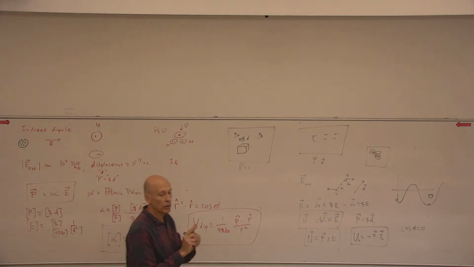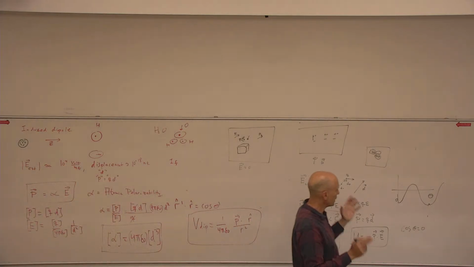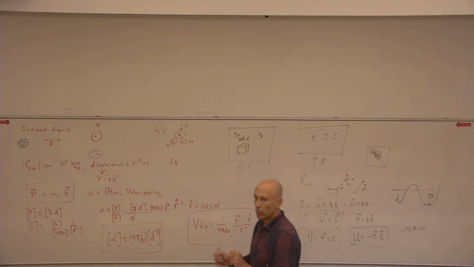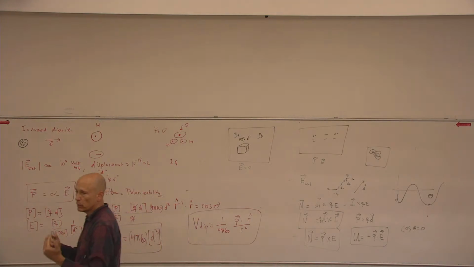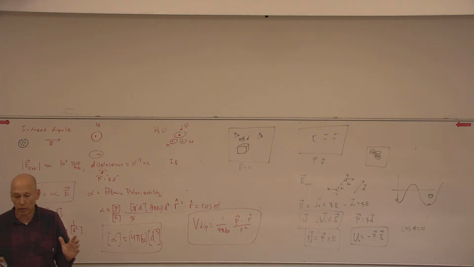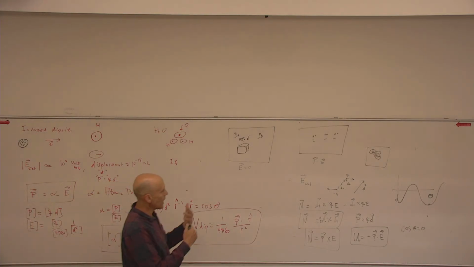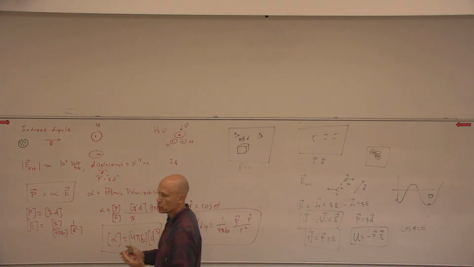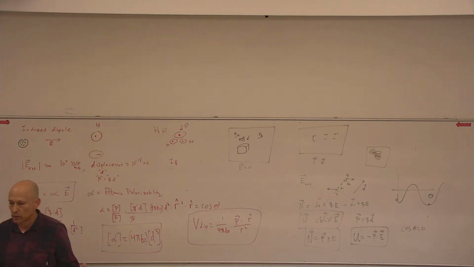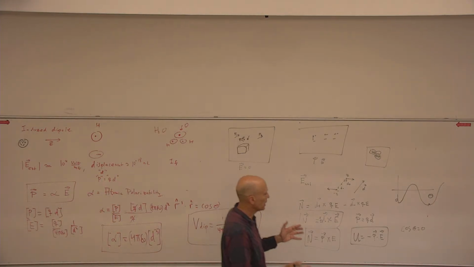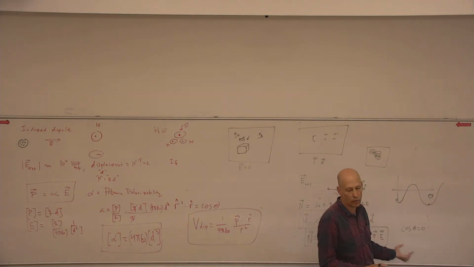So what will happen when you add temperature to this picture? If you have many of these dipoles at low temperatures, they will want to align. But if you increase the temperature, because of Boltzmann laws, they will not care about this energy anymore, so they will not align. So the alignment depends on temperature in real materials, and there can be phase transitions where sometimes they align and sometimes they don't, because if the temperature is very high, the kinetic energy and all the fluctuations dominate, and you don't care about this.